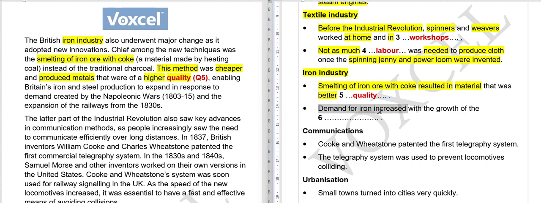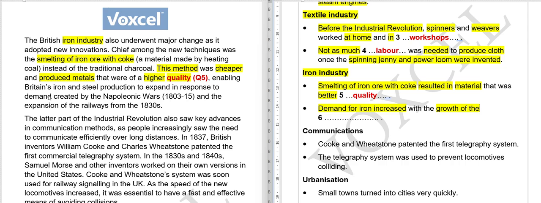We are saying demand of iron increased with the growth of the dash. So there are two key phrases: demand increased, and with the growth of. So something grew, as a result our demand for iron increased. With, meaning along with, plus because of this, demand increased.